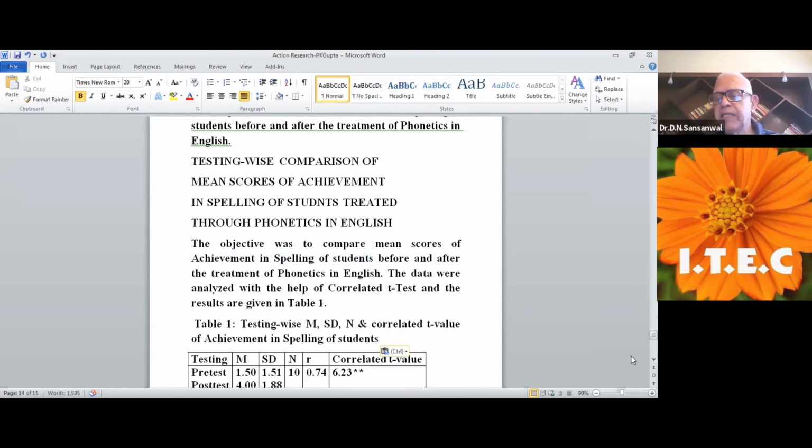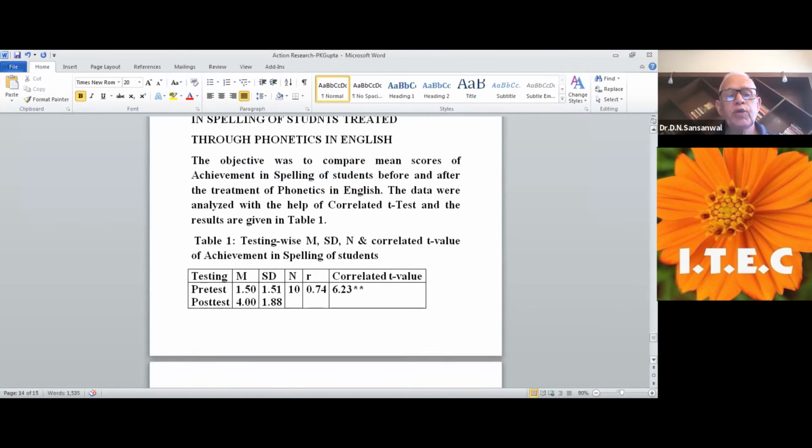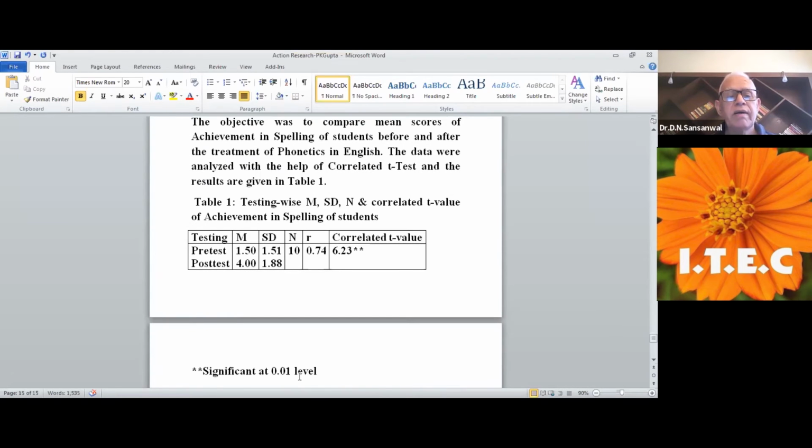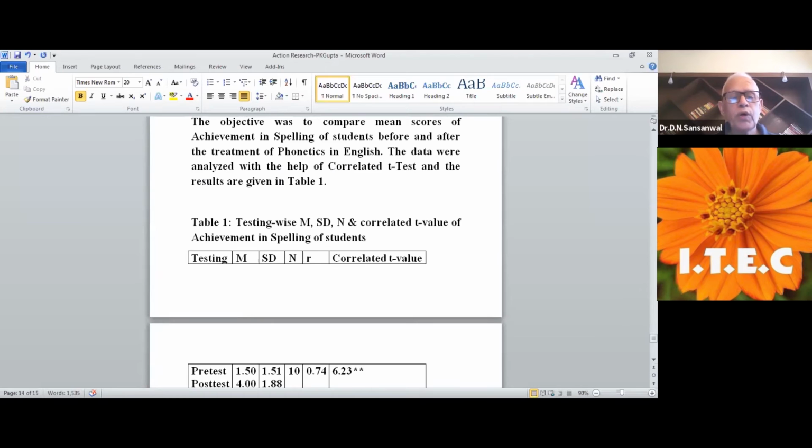So this will be the table heading you should write. And then below this, you start writing. If you like, I can shift the whole thing to the next page.